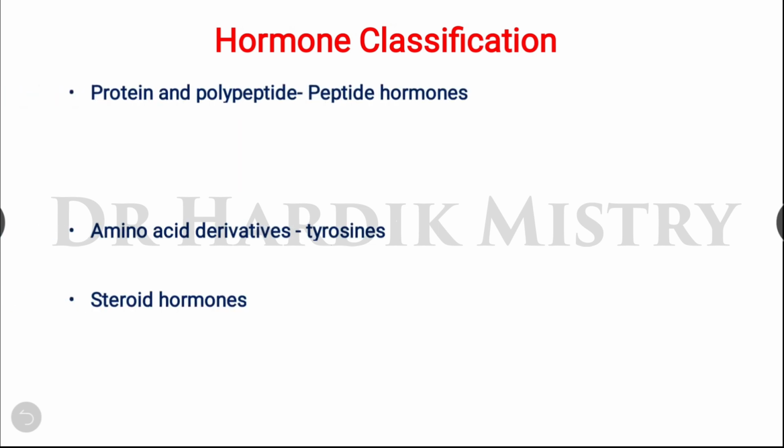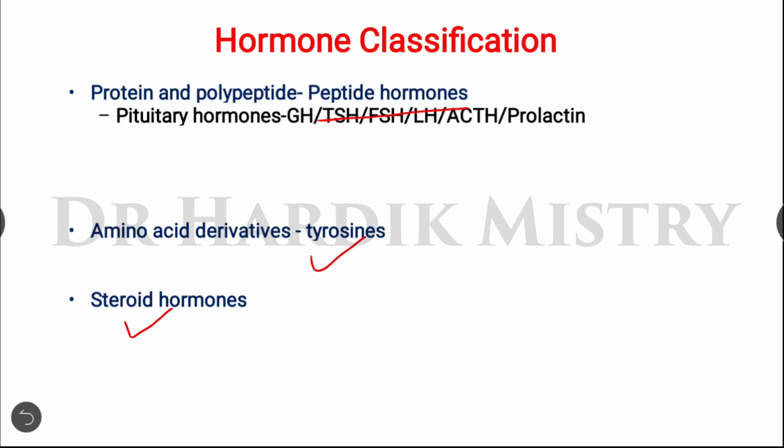Now the classification of hormones based on their structure. Mainly there are three different types of hormone structures. First, protein and polypeptide hormones, which are all known as peptide hormones. Second, amino acid derivatives, these are the tyrosines. And the last one, steroid hormones.